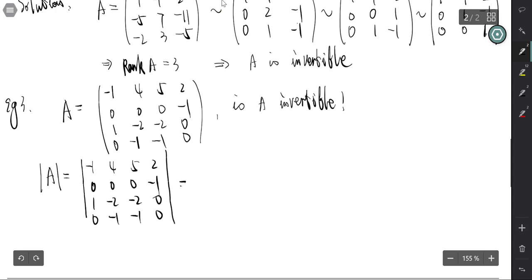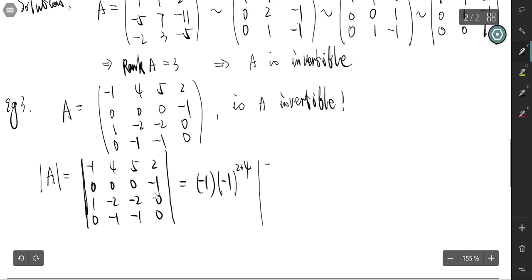We expand the determinant in terms of the second row. That is -1 times the entry A2,4, so that is -1 to the power 2 plus 4.